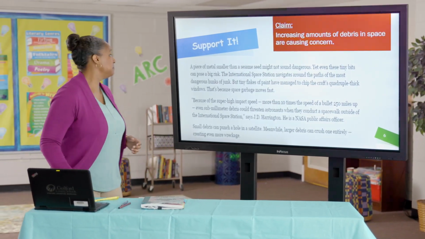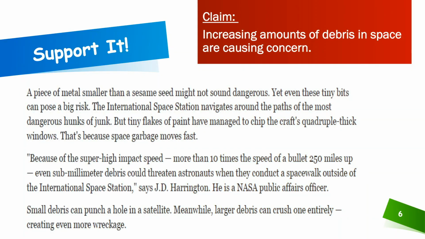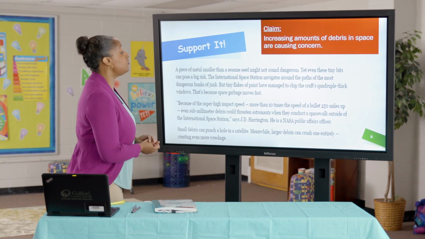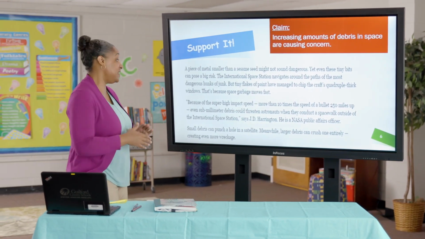Let's read together. A piece of metal smaller than a sesame seed might not sound dangerous, yet even these tiny bits can pose a big risk. The International Space Station navigates around the paths of the most dangerous hunks of junk. But tiny flakes of paint have managed to chip the craft's quadruple-thick windows. That's pretty thick.